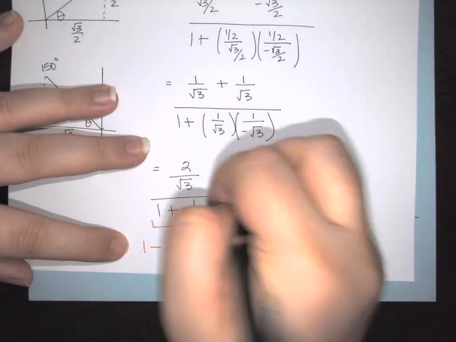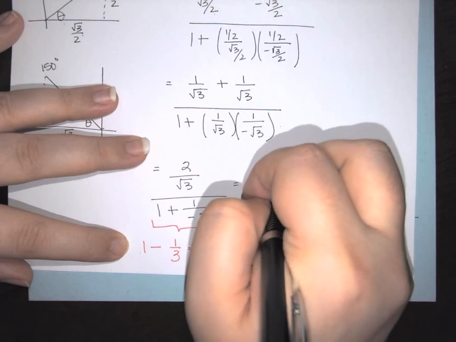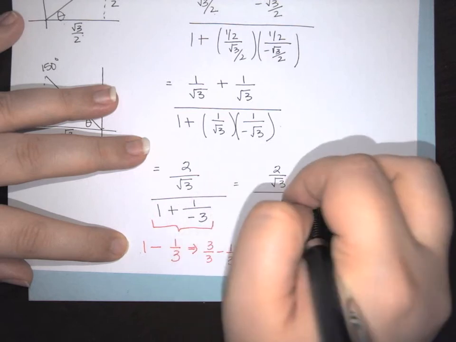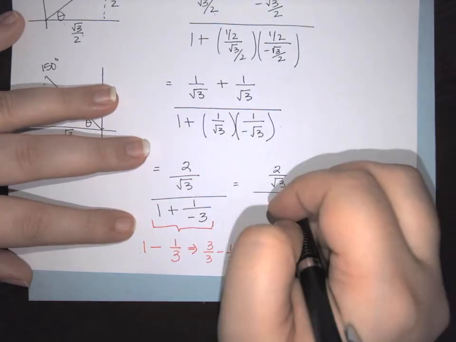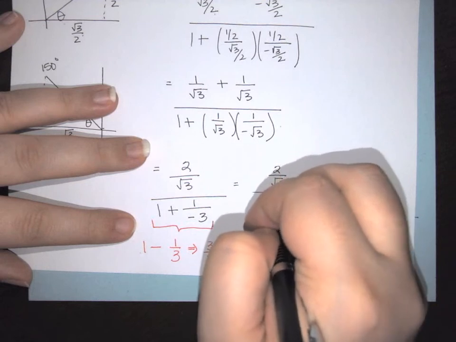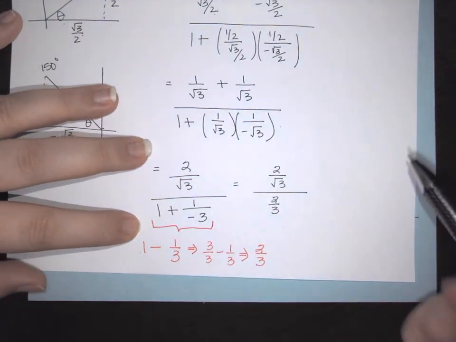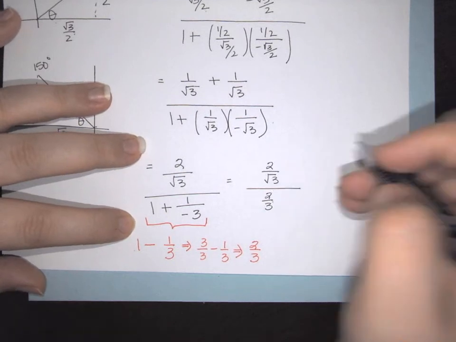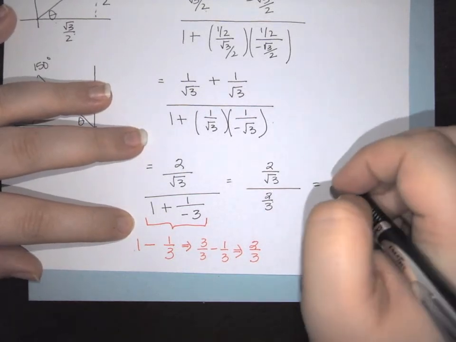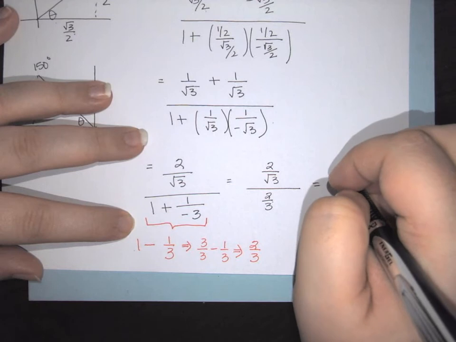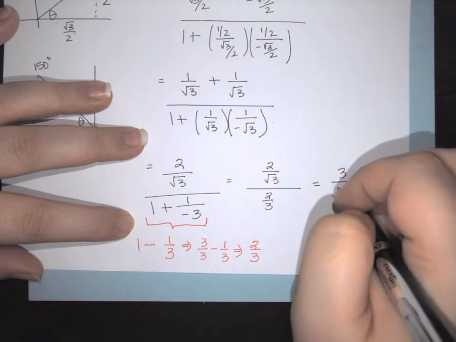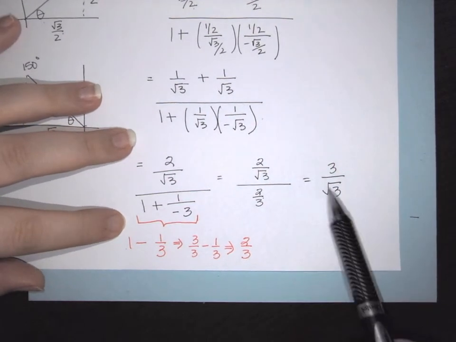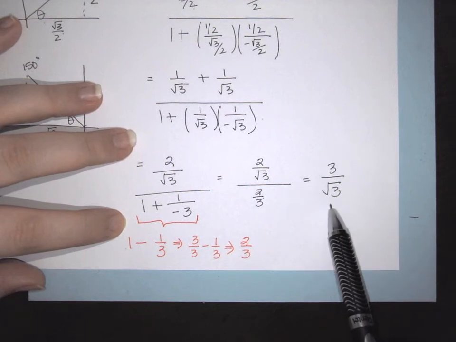So here we end up with 2 over the square root of 3 over 2 over 3. Again, our rule applies, so if we were to keep the top and multiply that by the reciprocal of the bottom, we end up getting 3 over the square root of 3. Now, one thing we can do here is we can rationalize.